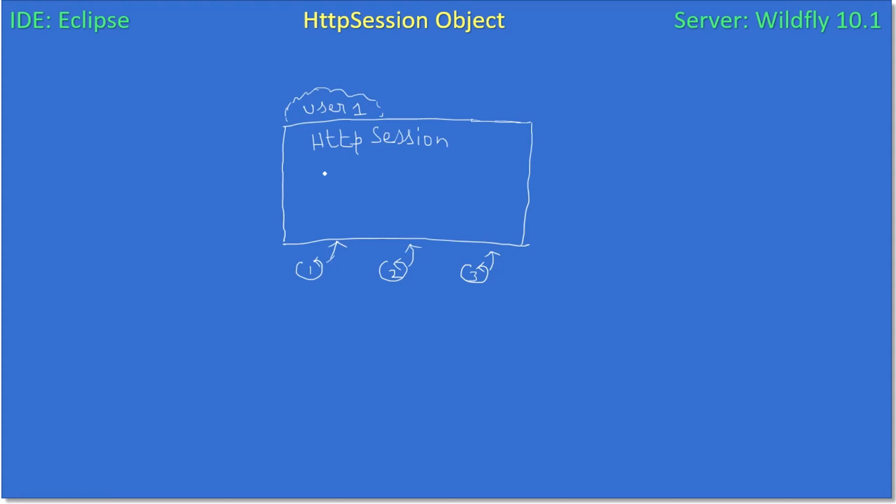Just like our servlet context, the user can keep objects in the HTTP session. First, to get the HTTP session, we can make a call to getSession on the request object.